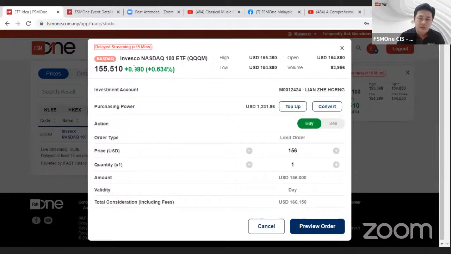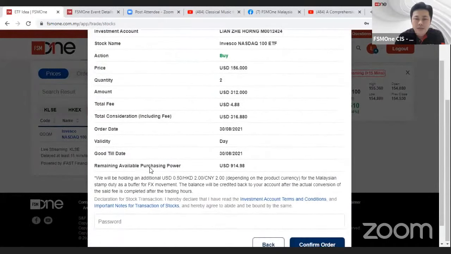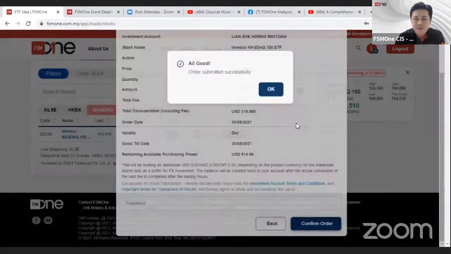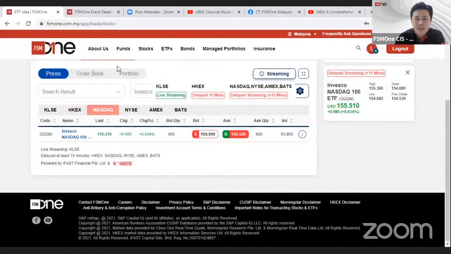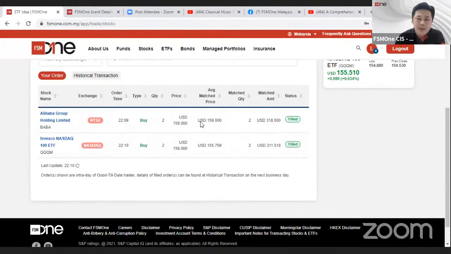So in order to fill the trade, maybe I put in 156, 2 lots. Then I key in my password. So you are able to check your order over here.